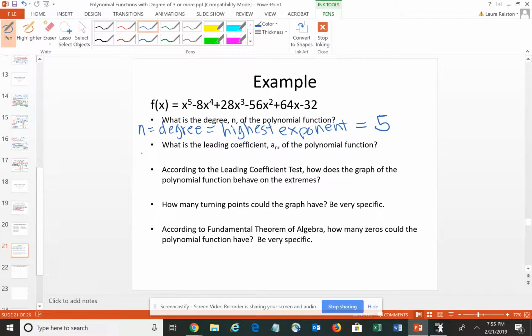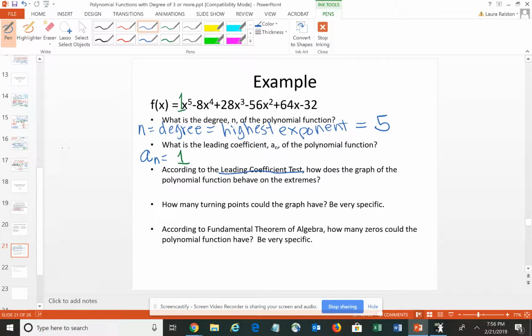My leading coefficient is the number in front of that highest degree. When I look at this polynomial, you may think there's not one, but remember, there is an understood one in front of that particular x. It's just not written.